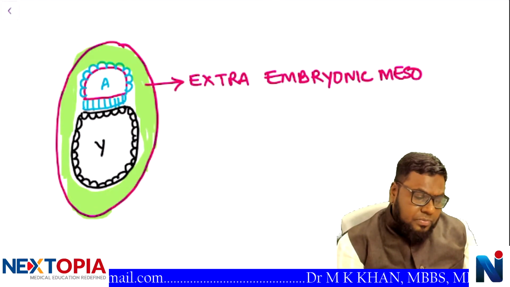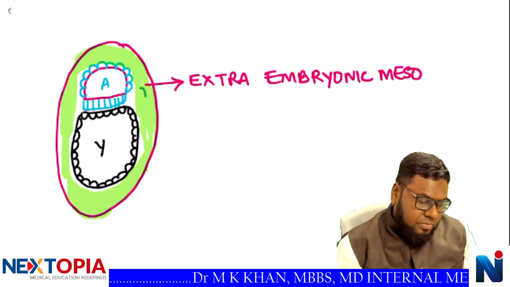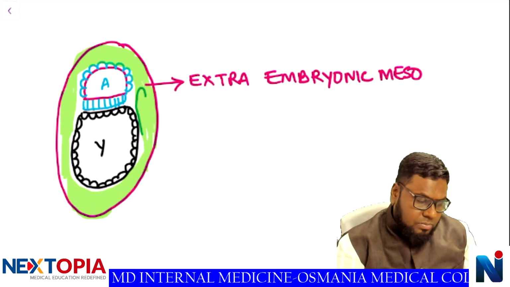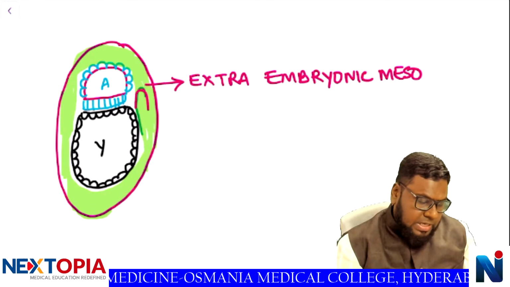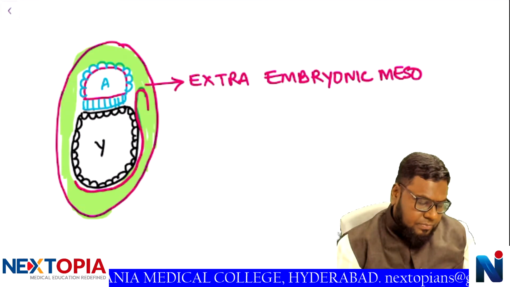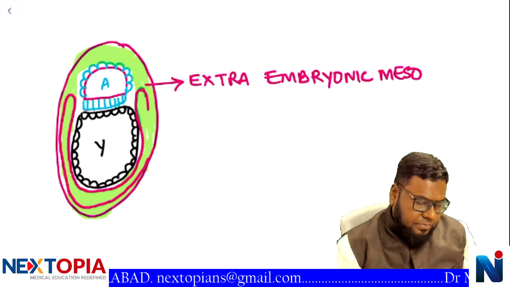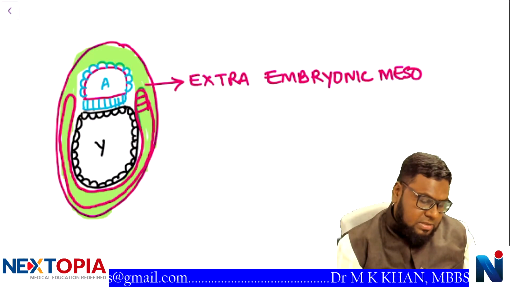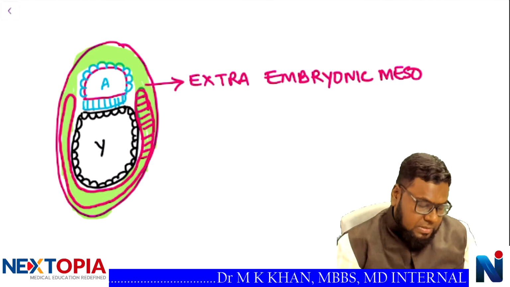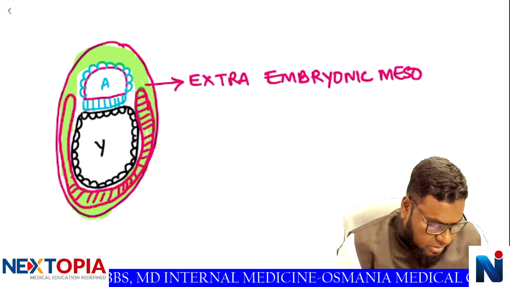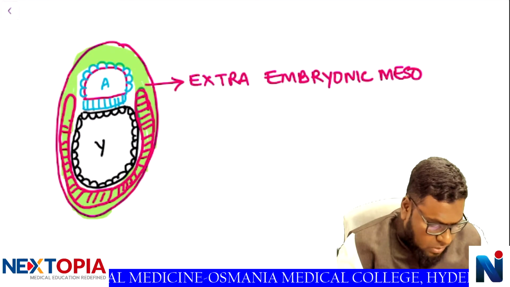Something like this. I'll just shade this with stripes like this. So this area forms what is known as extra embryonic coelom.